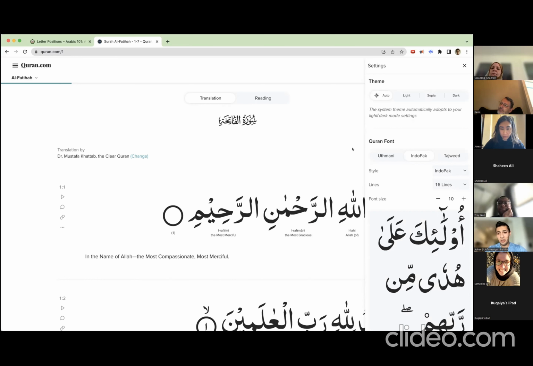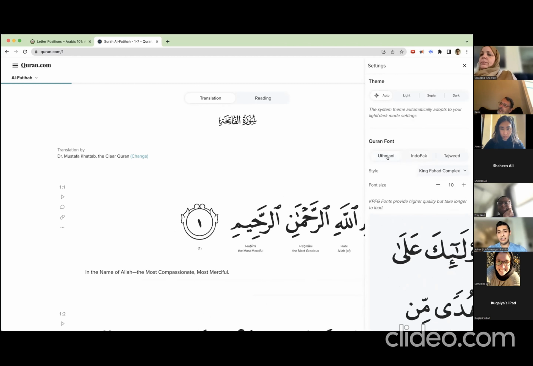So if you pick up a Quran, depending on where the Quran was published or printed, it might have one of these two different styles. One is the Uthmani, which is the style that often is associated with printing presses in the Arab world, printing presses out of Egypt, printing presses out of Saudi Arabia. So this has become a very common convention.